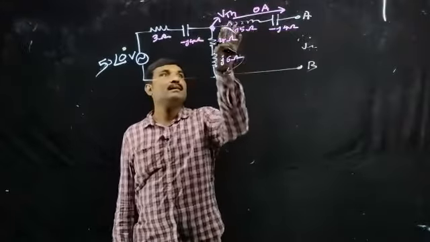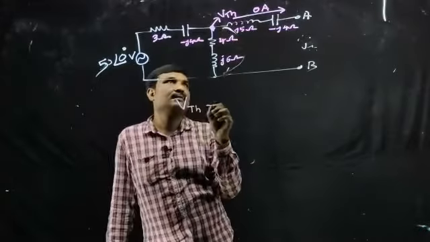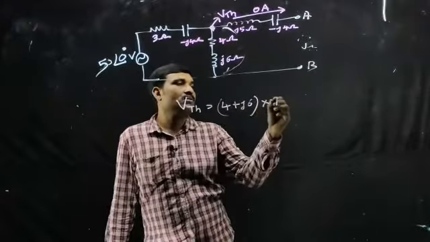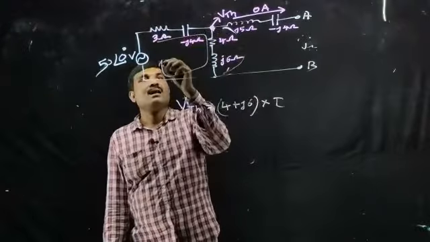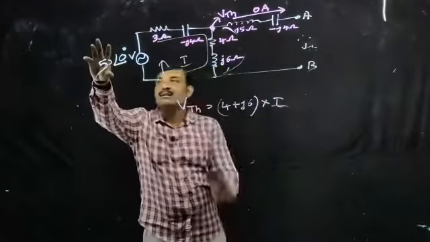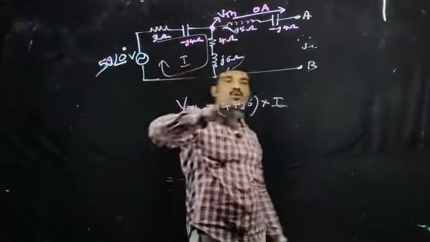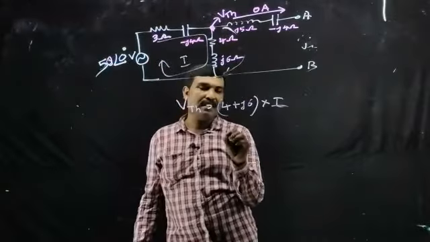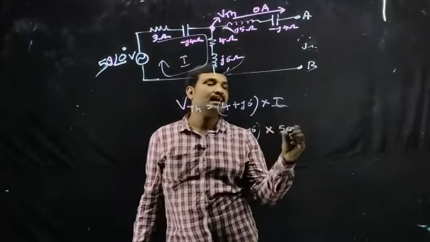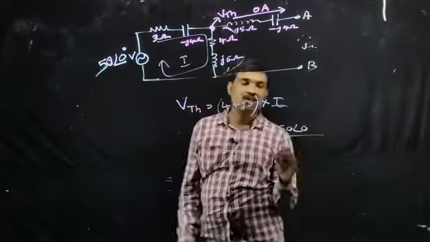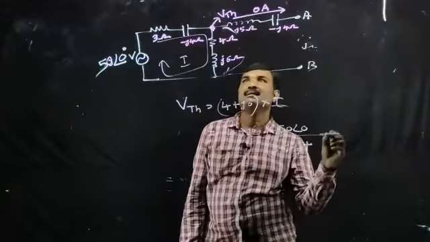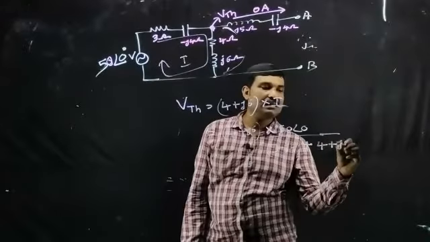So we can say VTH is equal to this impedance 4 plus J6 multiplied by the current passing through this. Let this current be I, right? And what's the value of I? 50 volt at angle 0 divided by total impedance, right? So we can write this as 4 plus J6 multiplied by 50 at an angle 0 divided by total impedance, that is 3 minus J4 plus 4 plus J6, right?